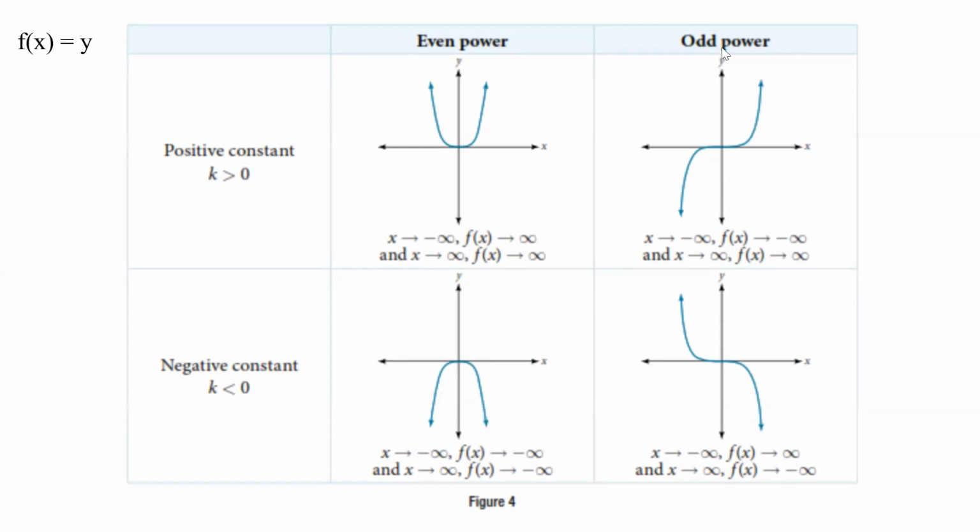Now, when we have odd powers, as x goes to negative infinity, f of x is going to go to negative infinity. And as x goes to positive infinity, f of x is going to go to positive infinity. And then the opposite for the negative k: as x goes to negative infinity, f of x goes to positive infinity, and as x goes to positive infinity, f of x goes to negative infinity.